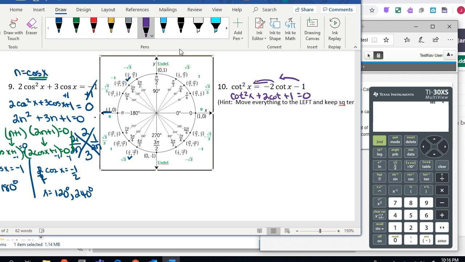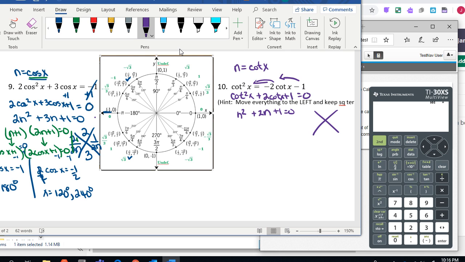Well, guys, it's not okay for me to do this with cotangents. It's much easier with a letter. So I'm going to say let n equal cotangent x. So now I'm going to have n squared plus 2n plus 1 equals 0.